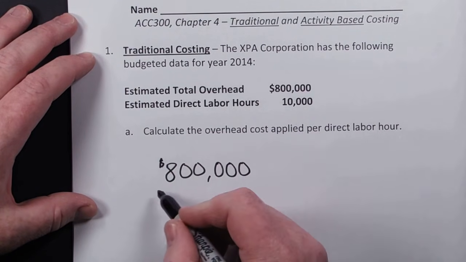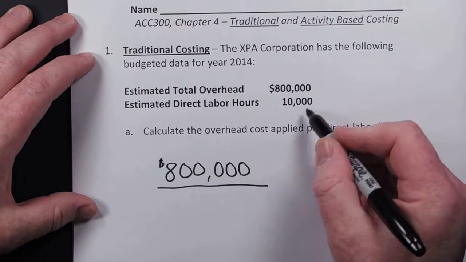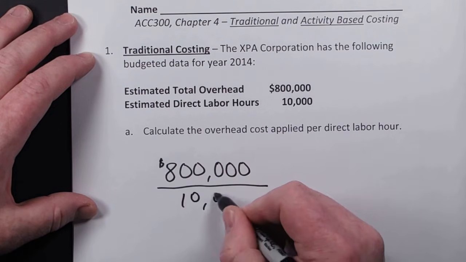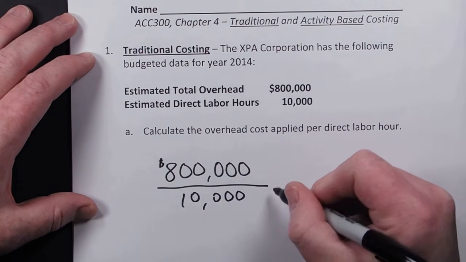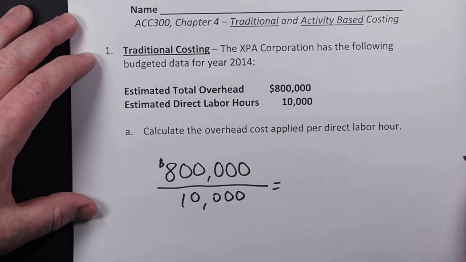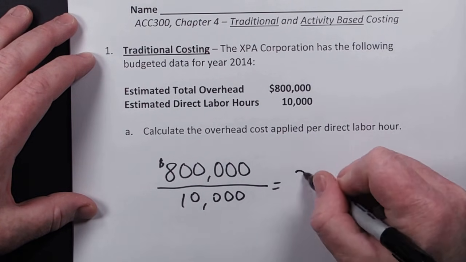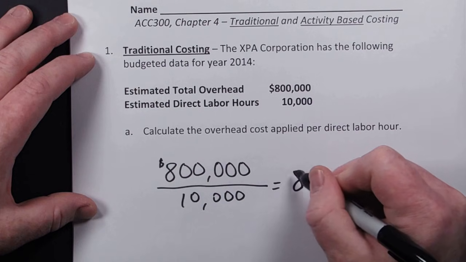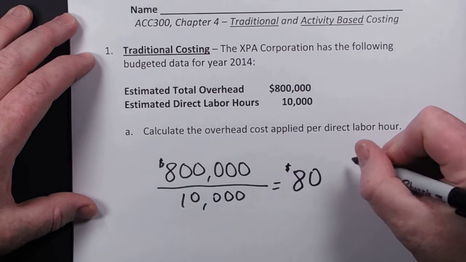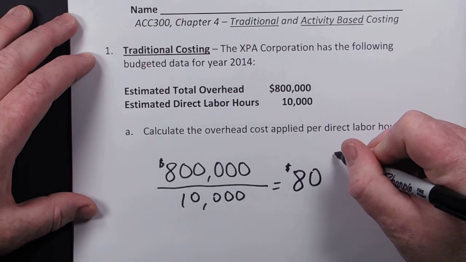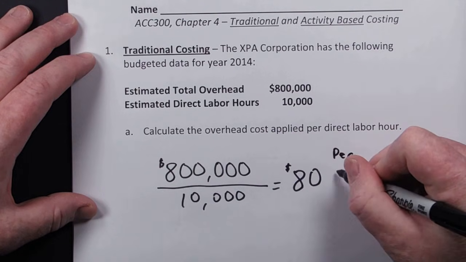We're going to divide that by the direct labor hours. That is going to give us a predetermined overhead rate of $80 per direct labor hour.